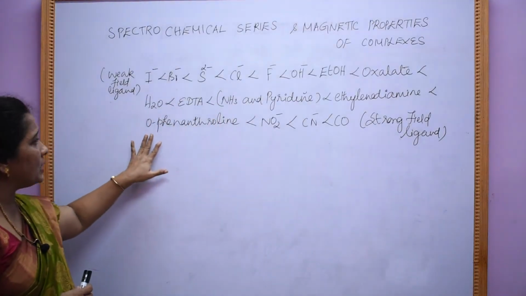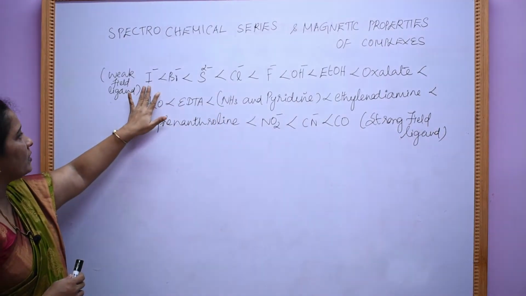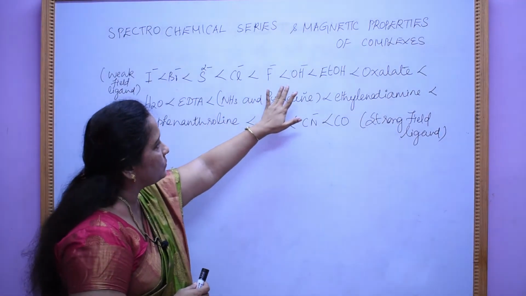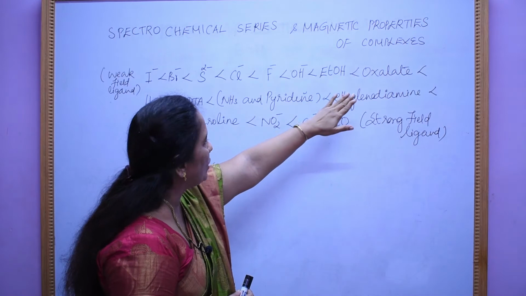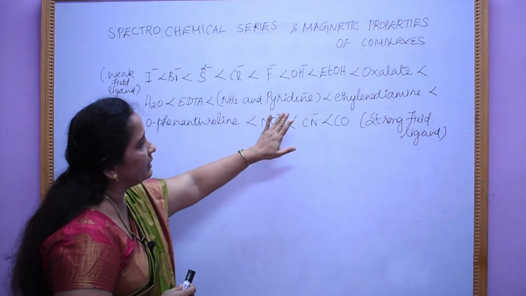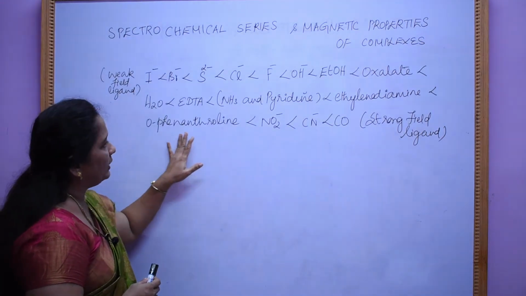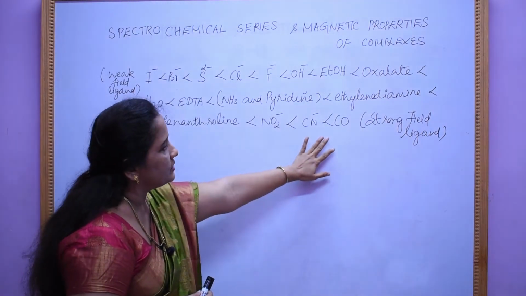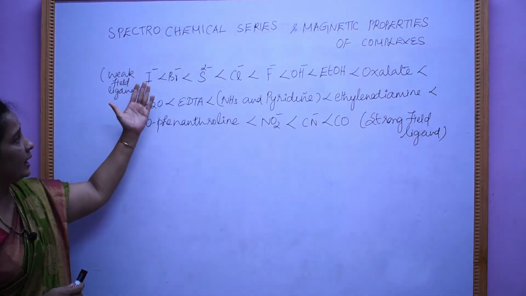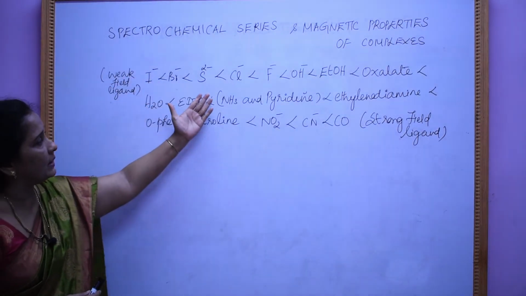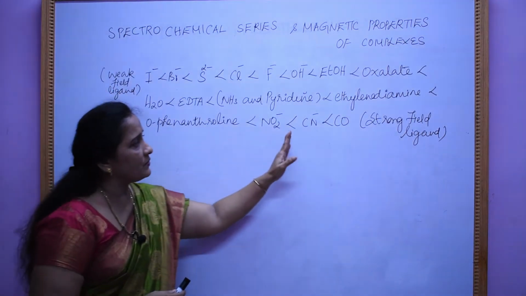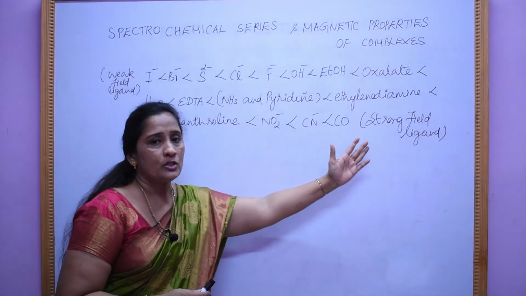So here is your spectrochemical series starting from I minus, Br minus, S2 minus, Cl minus, F minus, OH, EtOH, oxalate, H2O, EDTA, ammonia and pyridine, ethylenediamine, phenanthroline, NO2, CN and CO. The ligands given at the left hand side, I minus, Br minus, Cl minus, F minus, are called the weak field ligands, and the ligands given on the right hand side are the strong field ligands.